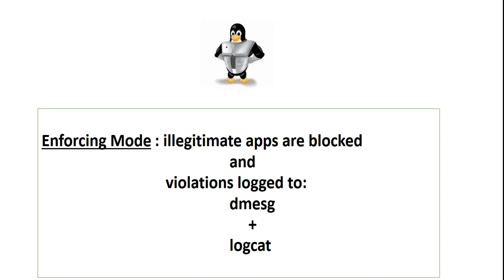So now in enforcing mode, whenever you do security research on Android platforms, illegitimate actions are prevented by default and attempted violations are logged by the kernel to dmesg and to logcat. Okay. Android device manufacturers should gather information about these errors so they can refine their software and their own SE Linux policies before enforcing them.